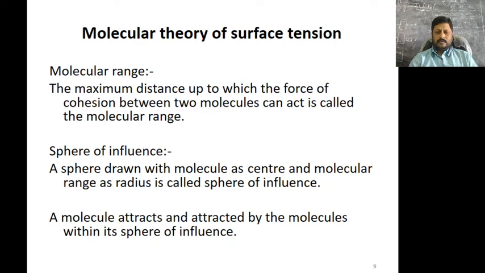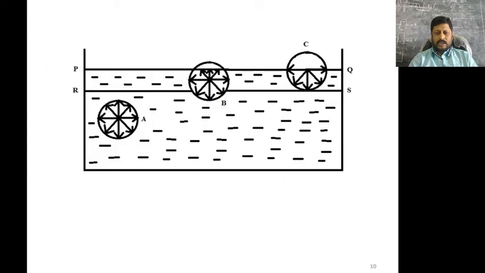The molecular range is the maximum distance up to which the force of cohesion between two molecules can act, whereas the sphere of influence is a sphere drawn with a molecule as center and the molecular range as radius. A molecule attracts or is attracted by the molecules within its sphere of influence.